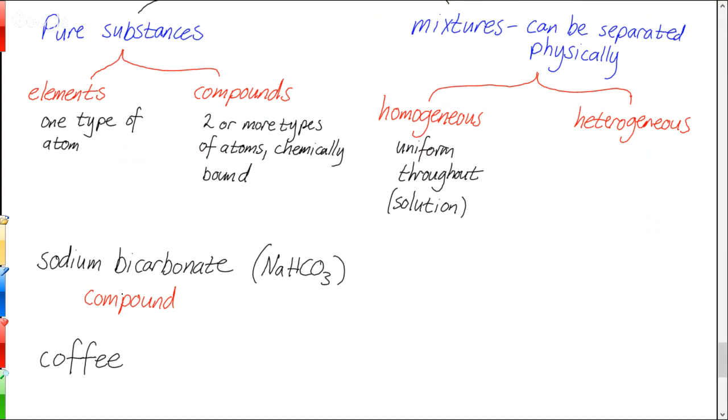Yeah, so you know it has at least a couple things. It has water and some other stuff. Flavor molecules, caffeine molecules, some sugar, some other kinds of stuff, colored molecules, all kinds of stuff mixed in there that makes coffee. So it's definitely not just one pure substance.